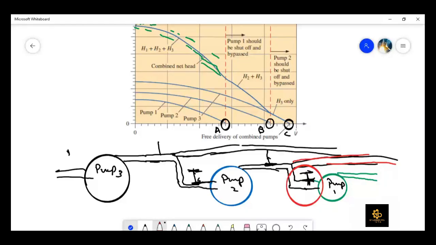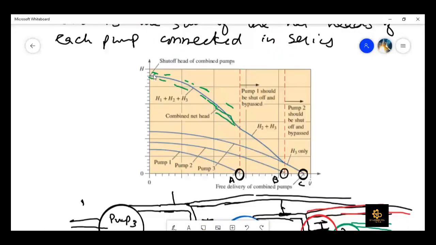Okay, one conceptual question here. If I show the point D here, what is this point D showing? Practically speaking, this is the top point, the shut-off. It means that we have operated all the pumps, but we have put a valve here, right?